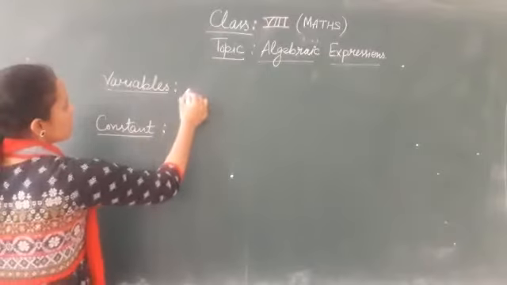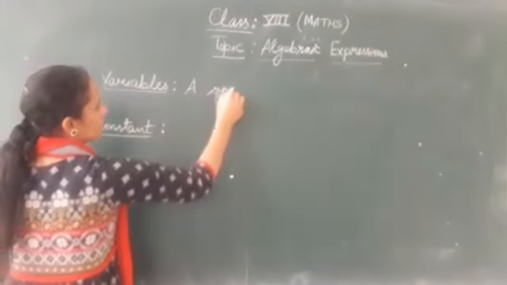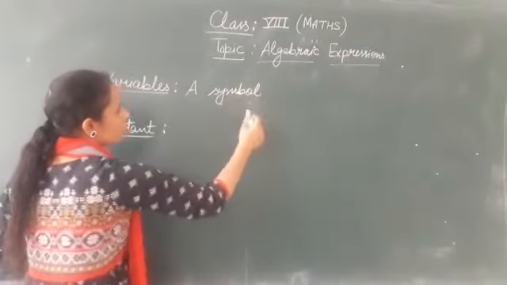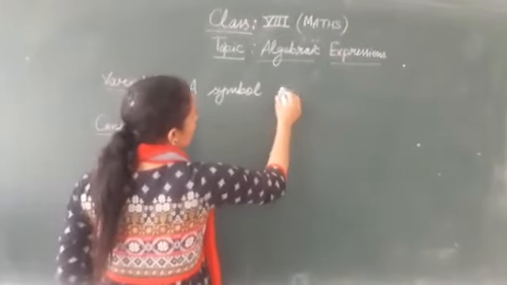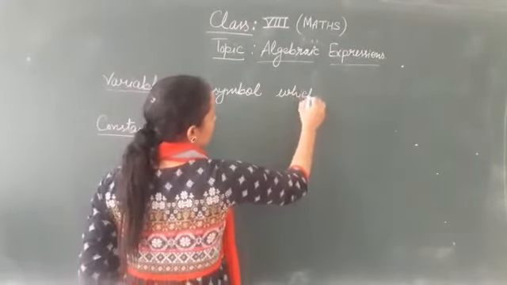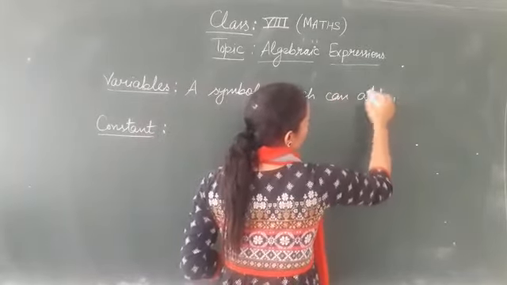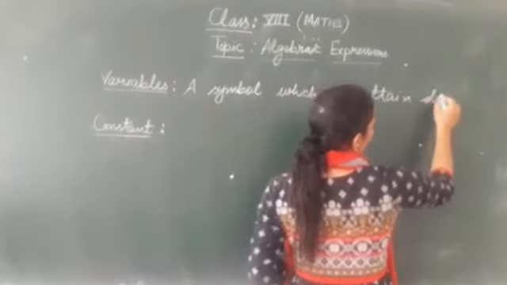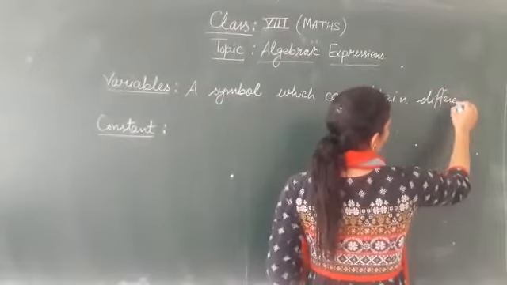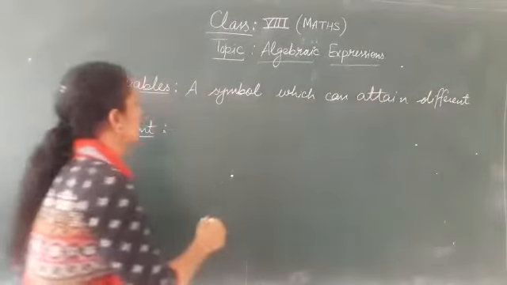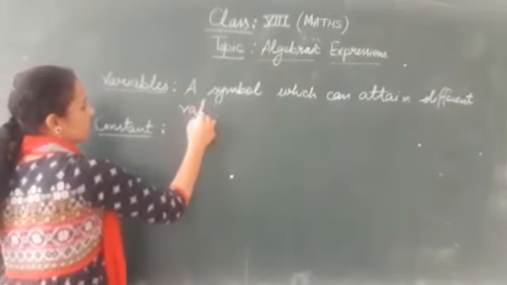A variable is a symbol which can attain different values.